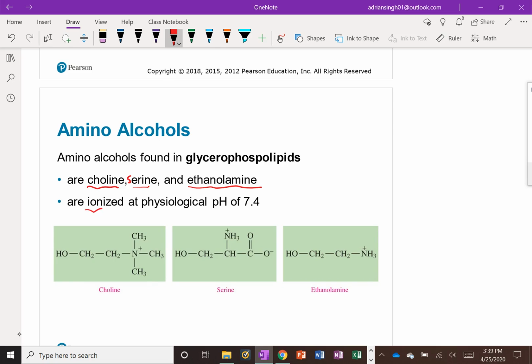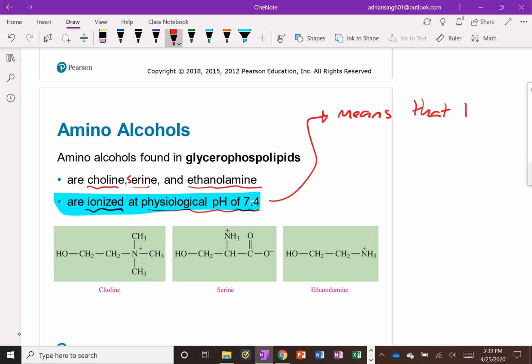These are ionized at the normal pH of the body, which is about 7.4, right, if you remember back from chapter 10. And what this means, this is key, this is extremely important, is that the fact that they're ionized means that this part of the molecule is charged, right?